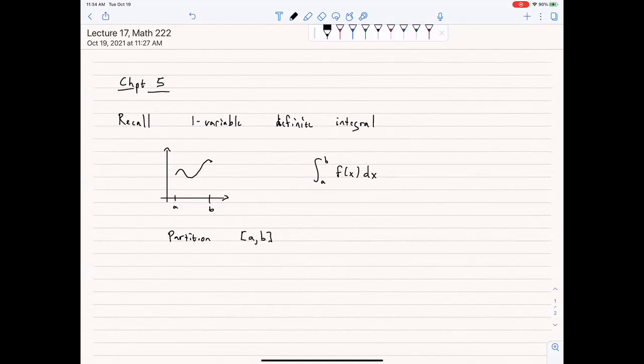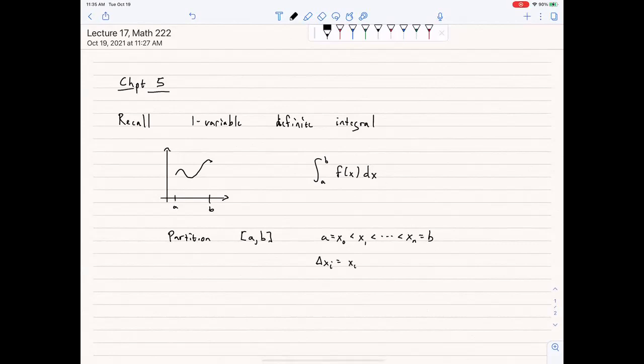What that means is you just slice up this interval into bits. So let's call A x naught, and we'll take x1, go up to x sub n. Sometimes you evenly space this, but it's not necessary. As long as you're increasing, it's okay. You take these delta xi's to denote the length of the subintervals.